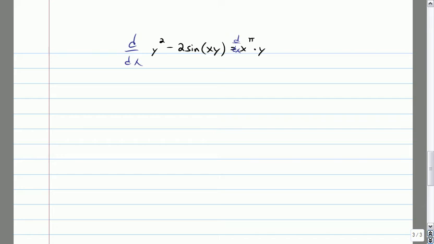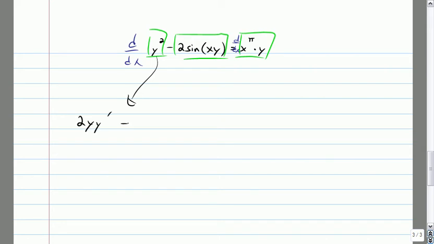So you can take this one problem and say, really, right now it's about finding the derivative of each of those 3 terms. This is one term, this is another, and this is the final term. So let's do that y squared term first. Anybody know the derivative of y squared with respect to x? Okay, cool, 2y prime.